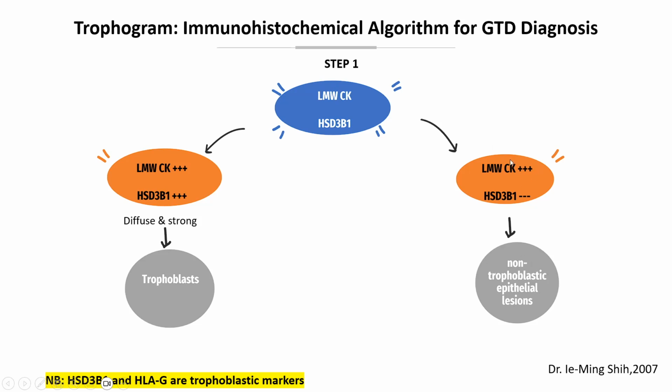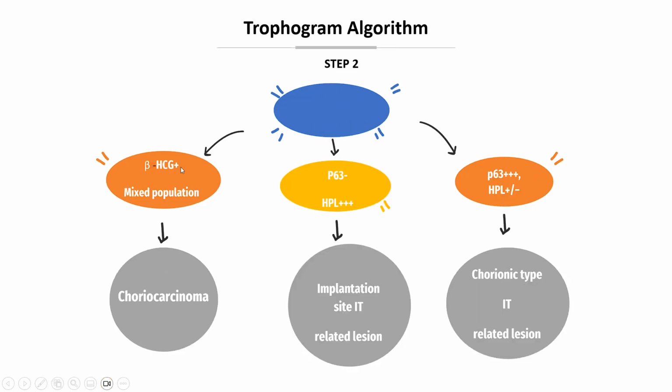If the cytokeratin is the only positive one, then we have a non-trophoblastic epithelial lesion. Okay, having trophoblasts, we can go for beta HCG and see if it's positive and we have a mixed population, then this is choriocarcinoma. We can go for the P63 and the HPL. If we have a negative P63 and HPL that is diffusely positive, then we have an implantation site intermediate trophoblast related lesion.